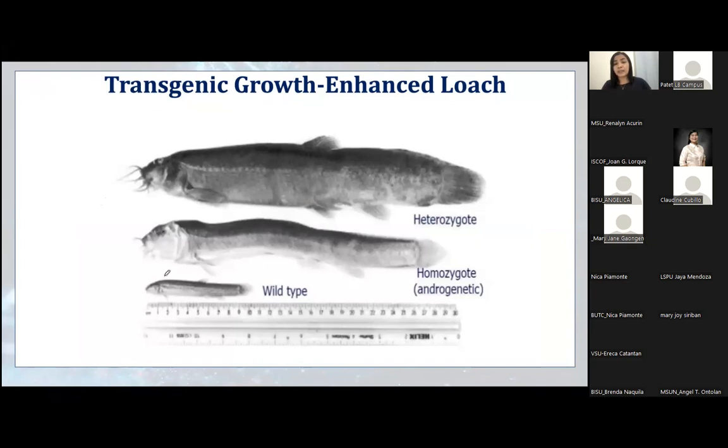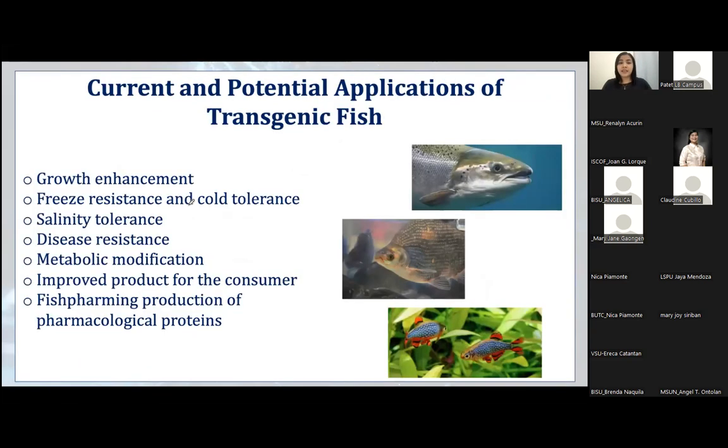So ito yung wild type, sinabi natin, ito yung sa natural environment, and then ito naman yung na-improve na. So as you can see talaga, maganda rin naman talaga yung effect ng mga, yung result pala ng these genetically modified organisms.